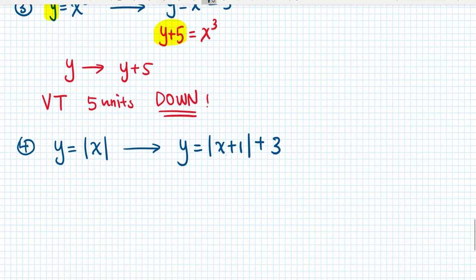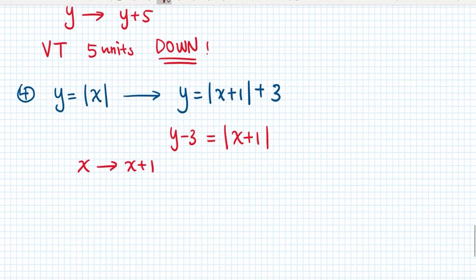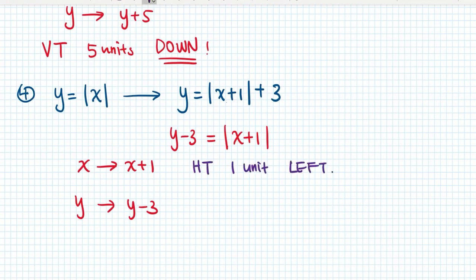If we change that to the beginning function form before isolating the y variable, then it will be y minus 3 is absolute function of x plus 1. So here x is changed to x plus 1 and y is changed to y minus 3. Horizontal translation 1 unit to left. Vertical translation 3 units. This is subtracted, so that means we're going up.